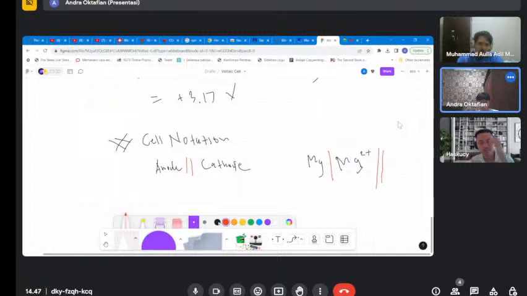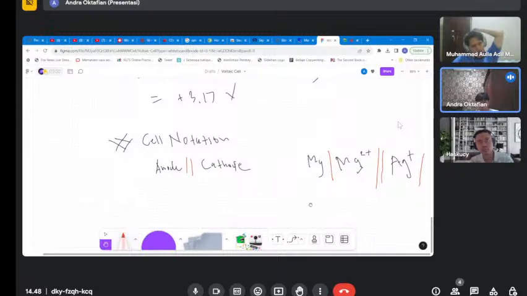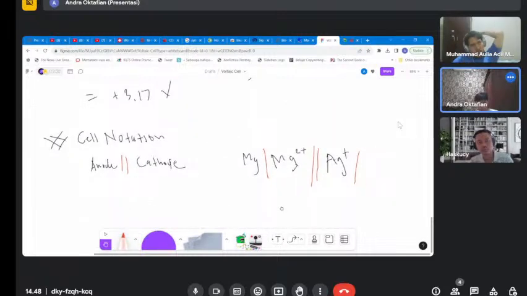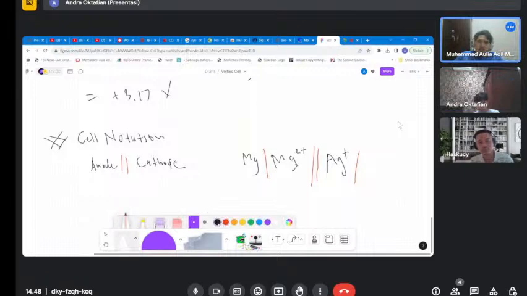I see, Ag plus and Ag. Yeah, it represents the whole reaction in just one simple notation. That's the notation.